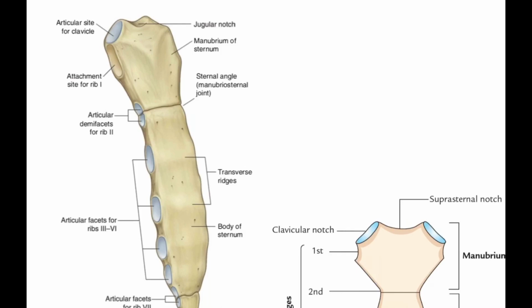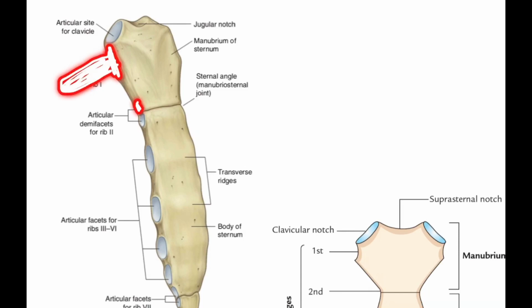Other names for the facet joints are apophyseal joints, etc. The upper facet articulates with the first costal cartilage of the first rib bone to form a primary cartilaginous joint.